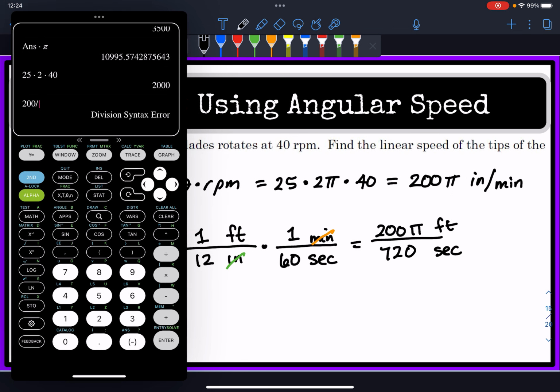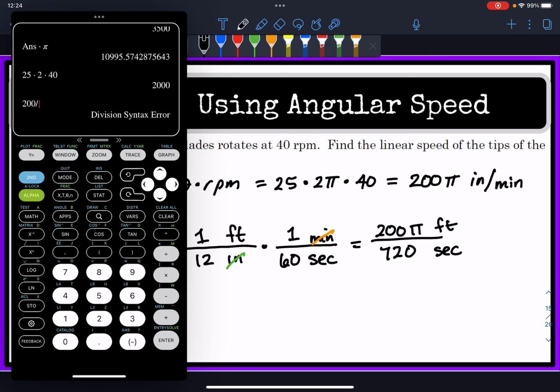Let's do another example. So Ryan is riding a bike whose wheels are 28 inches in diameter. If the wheels rotate at 130 RPMs, find the linear speed in miles per hour at which he is traveling.